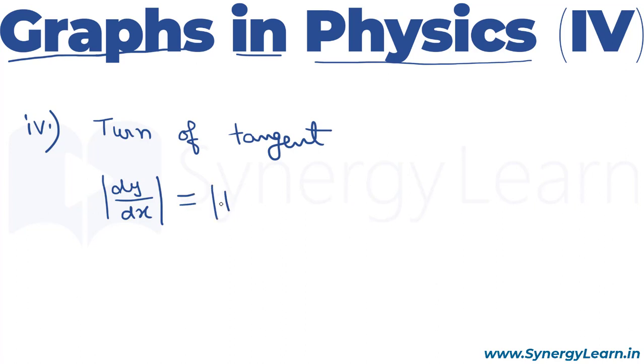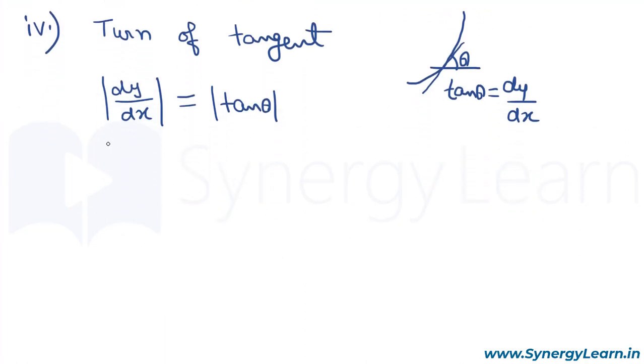graph, which will be equal to mod of tan theta. That is, say if I have a graph, then the slope at any point, which is tan theta, is equal to dy by dx. So what we have done here, we took mod of both the sides. And now if mod dy by dx increases, then mod tan theta also increases.